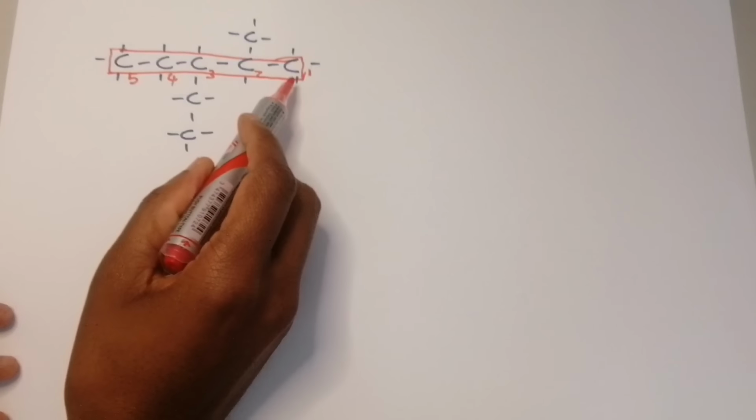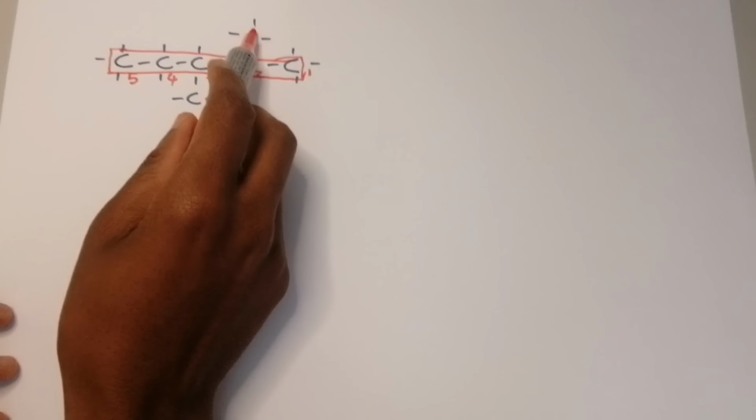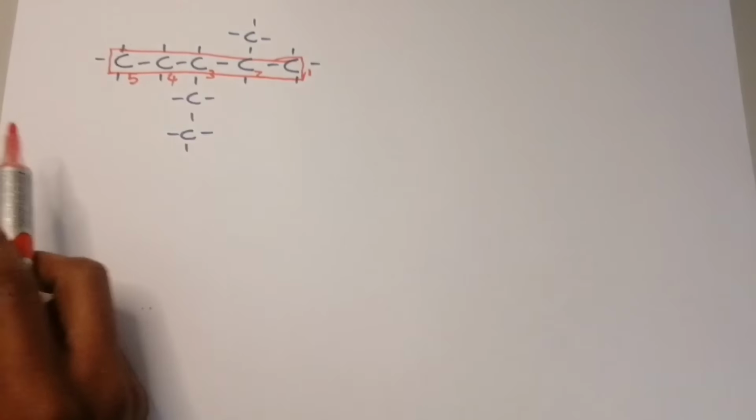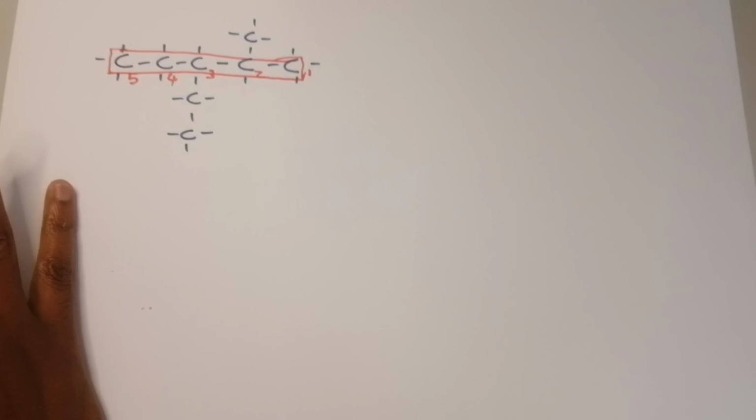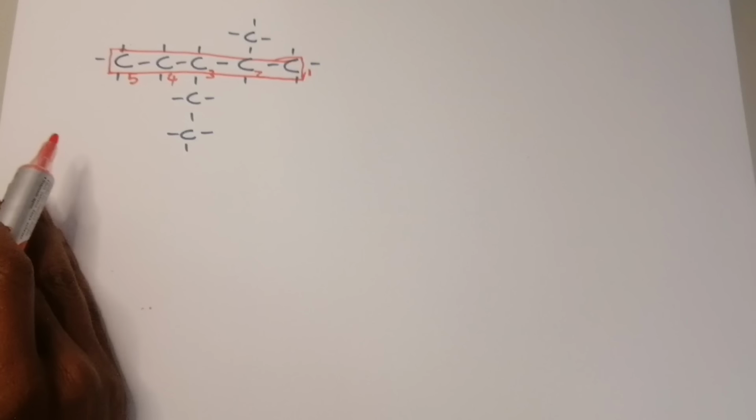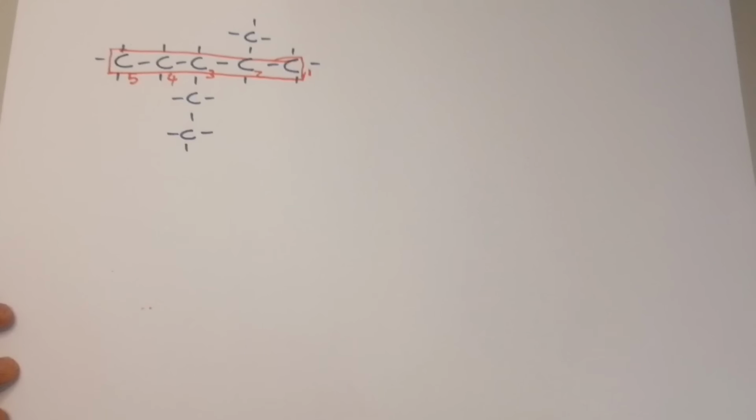So in this case, I'm going to say, so this is methyl and this is ethyl. Which letter of the alphabet comes first? So it's not the number that takes the preference, but it is the letter of the alphabet. Okay, so which letter of the alphabet takes preference, right? Which one comes first, rather?